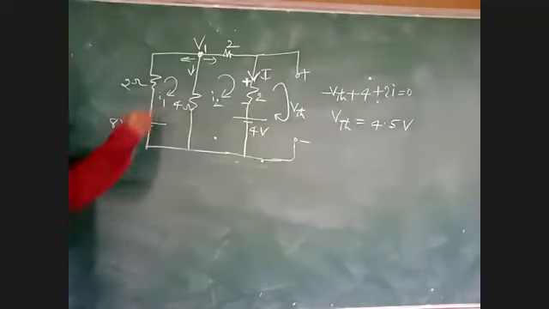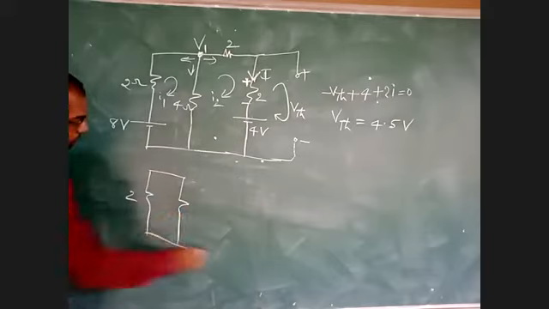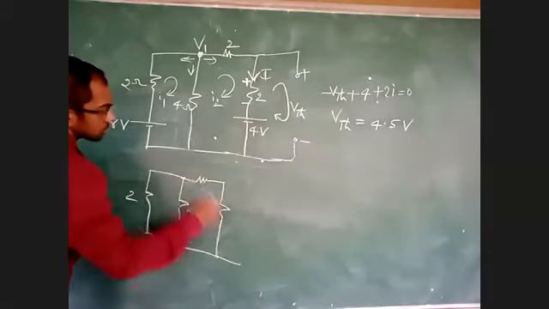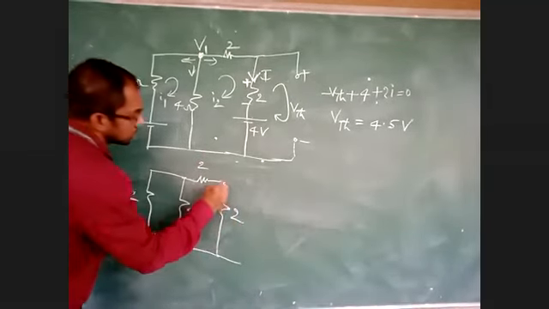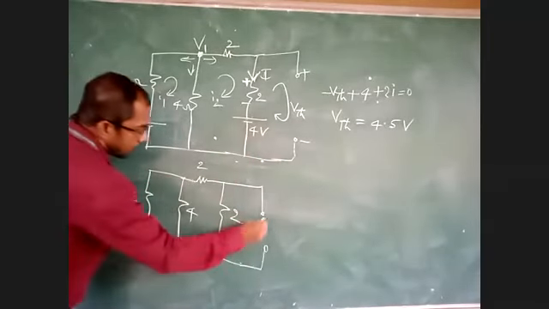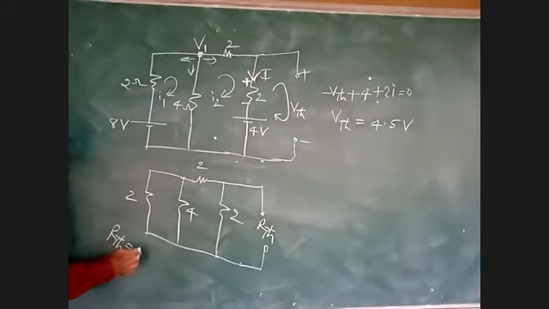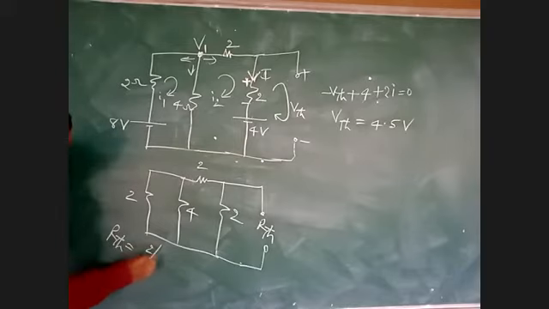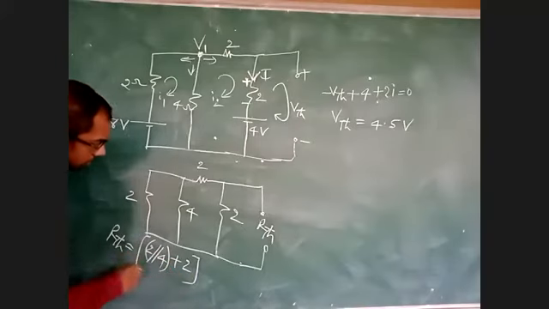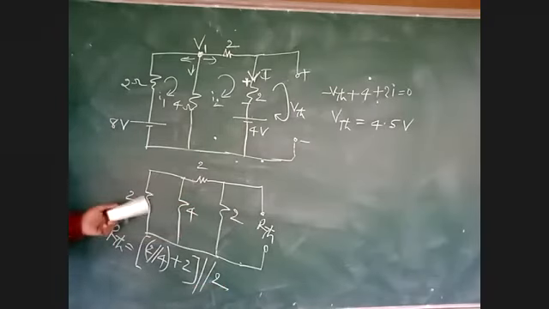Now RTH. Short all the voltage sources. This is a voltage source, I am shorting this. I am shorting the 4 volts also. If RTH is this side, calculate from the opposite side. 2 and 4 are in parallel.